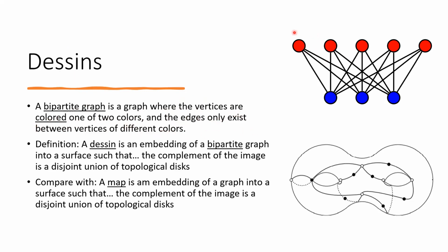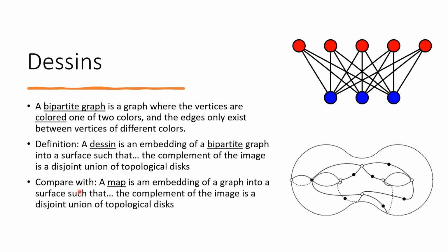So here's an example of a bipartite graph where the vertices are split into red vertices and blue vertices, and the edges are only between red and blue vertices. There are no edges between red vertices and no edges between blue vertices. And now a dessin is an embedding of a bipartite graph into a surface such that the complement of the image is a disjoint union of topological disks.